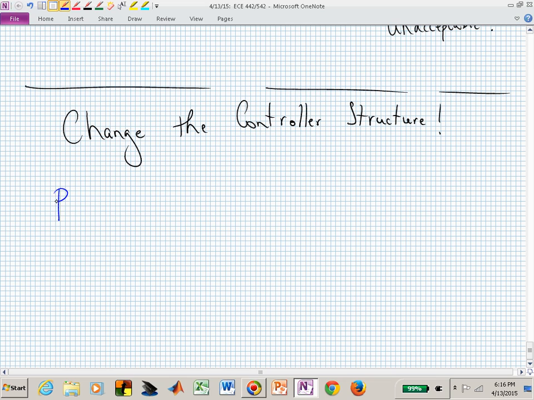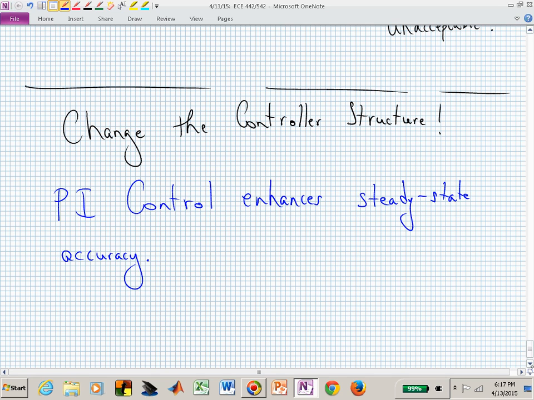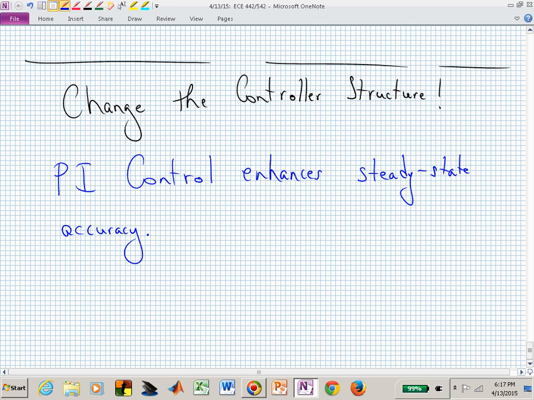So let's now look at a PI control, since this is by design going to enhance our steady state accuracy. What does that mean? If I give you a constant, what's going to be generated at the output?